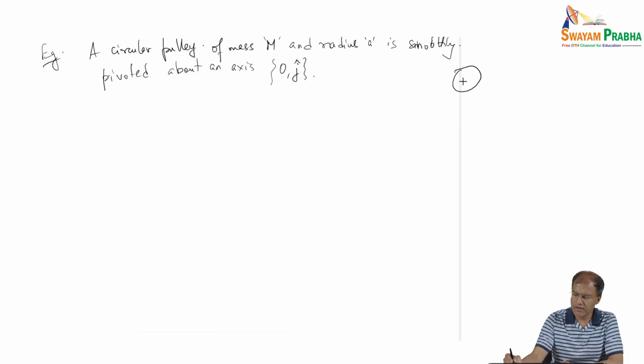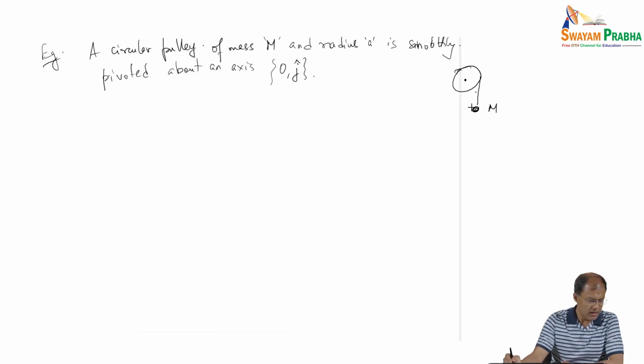So here we have a rigid body which is smoothly pivoted about an axis. Let's say we have a mass which is connected over a pulley.